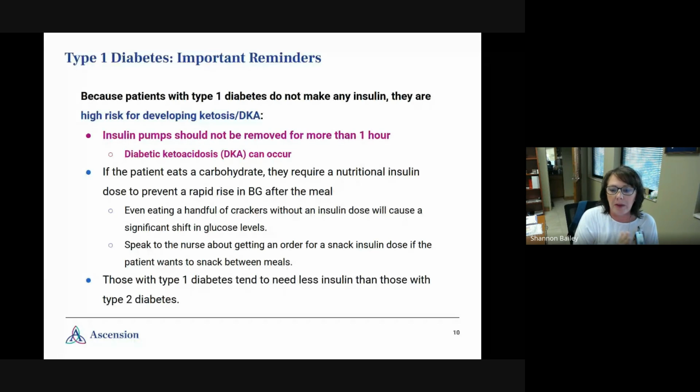So if you're noticing a patient in the room is snacking a lot on things in the room, mention that to the nurse, because the nurse probably needs to call the doctor and get a snack insulin dose for that patient to allow them to snack on things but still get insulin when they do so. And just one more little caveat, those with type 1 diabetes tend to need less insulin than those with type 2.